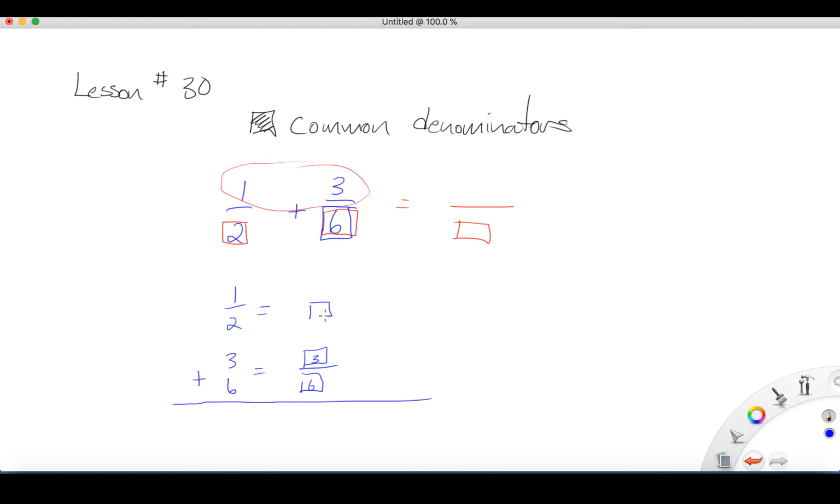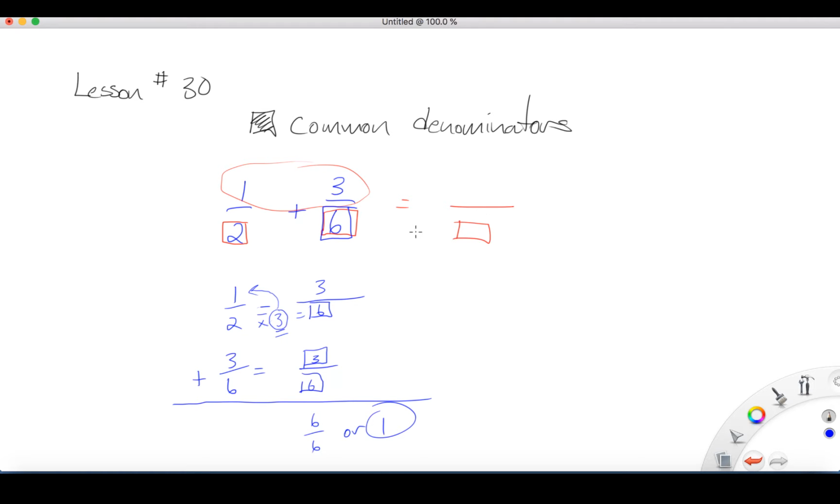I'm going to put 6 here, and I have to ask myself, what number times 2 equals 6? Well, it's 3. Whatever that number is, I multiply by the numerator. Oh, look at that, 3/6. It's the same thing, and you know that, 3/6 is the same as 1/2. So 3/6 plus 3/6 equals 6/6, or 1.